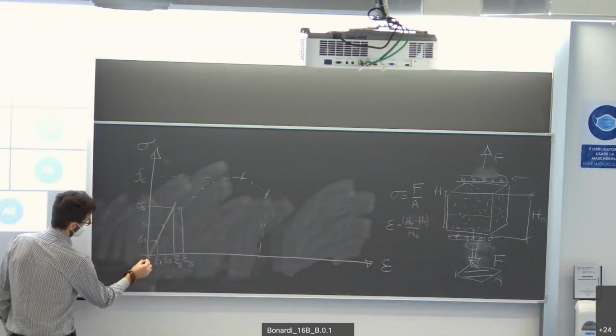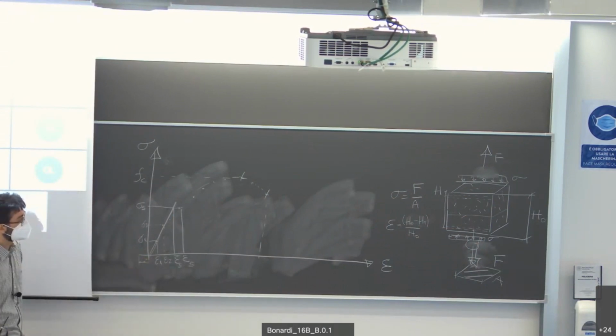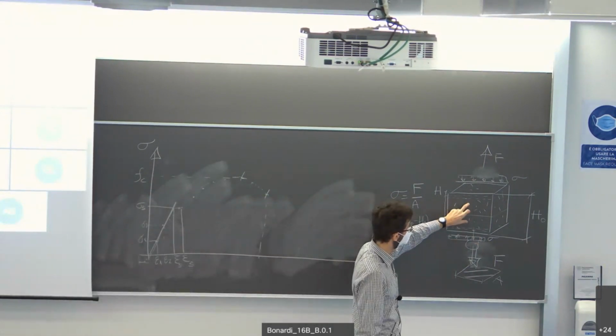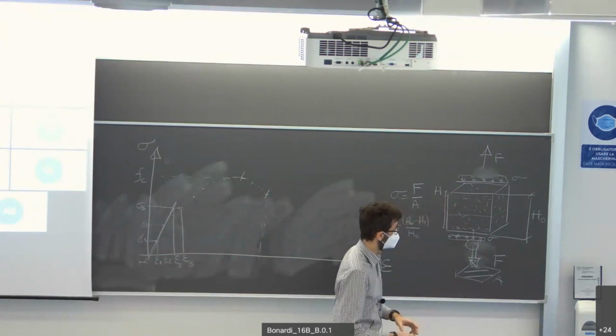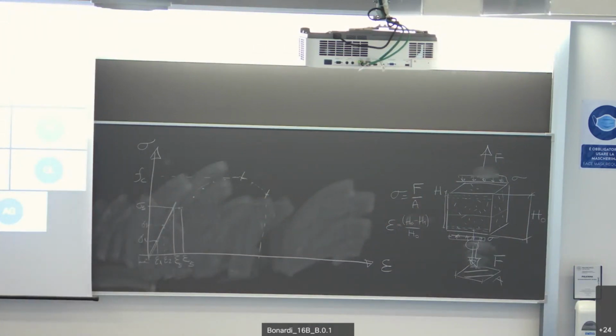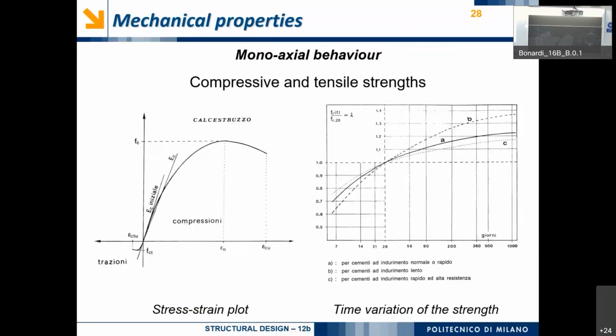Again, initially we are linear, but then we immediately reach the failure, because it is not capable of absorbing high levels of stress in tension. So I hope that this is clear. This is that plot, okay?